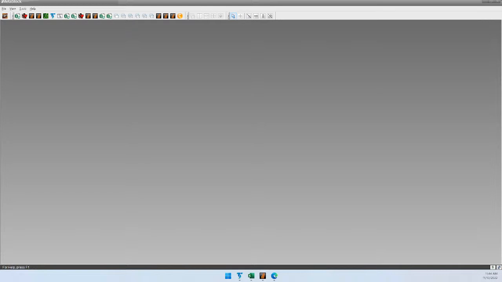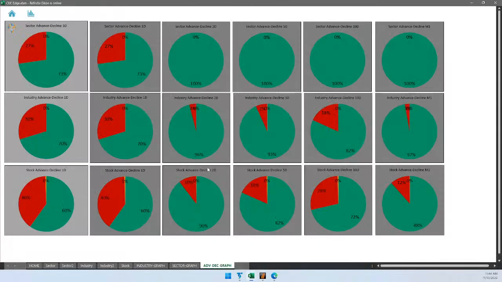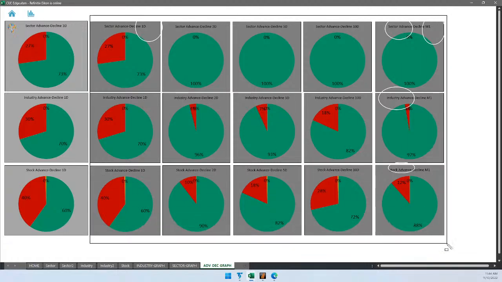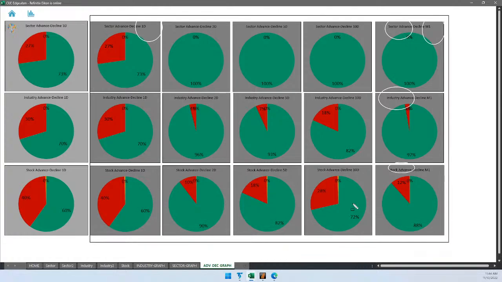If I look at the sector industry stock advance decline breadth, 1 month to 1 day, everything is now bullish. If we consider 2 day to 1 month, it is extremely bullish.